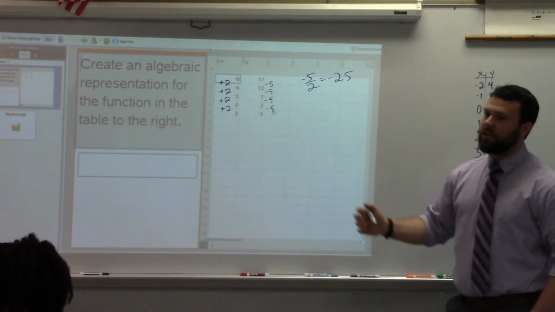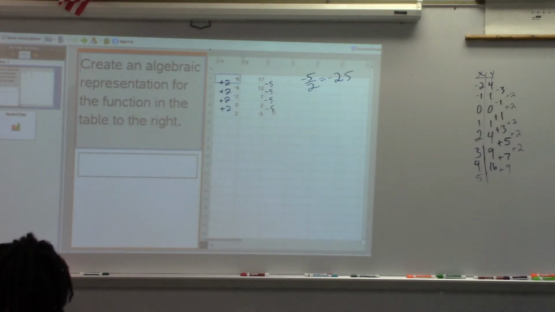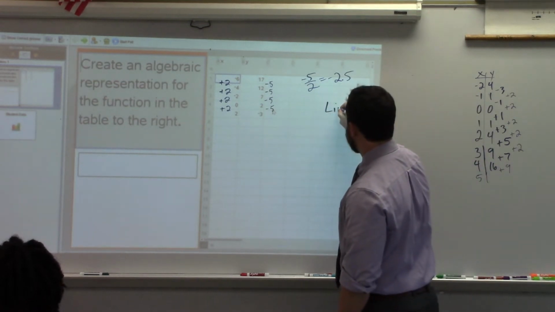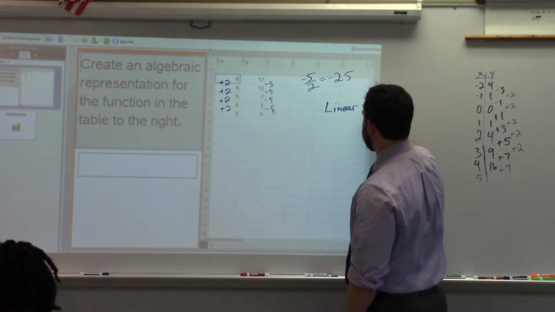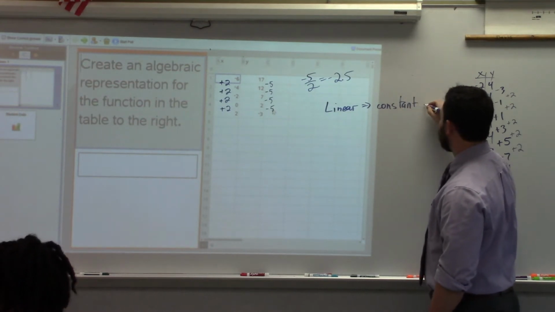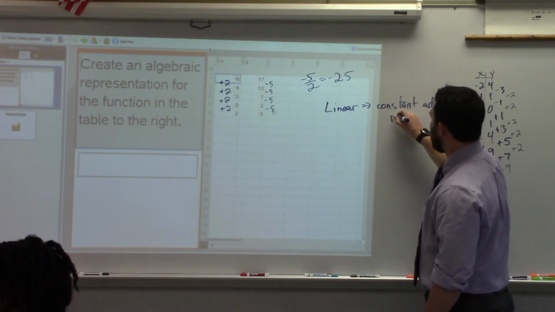So we know it's a linear function. Now I want you to remember, because this is a detail I'm seeing some of us forget, because it is a linear function, what equation should we be thinking about? Notice the evidence is there's a constant additive rate of change, so it's linear.